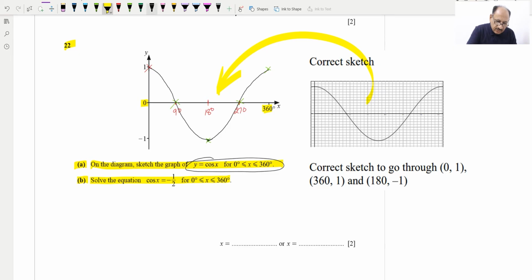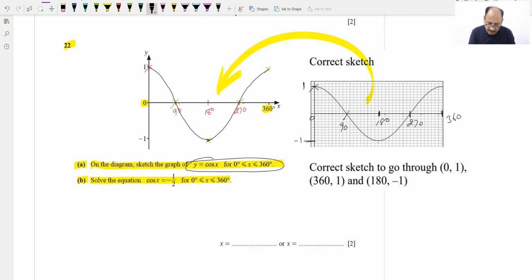The points of intersection: this one is 1, then this is 90, this will be 180, and this is 0, then this will be 270, and then last will be 360 degrees. And you can see the smooth curve which we have drawn, up to this is 1, and the lower value, this is -1.